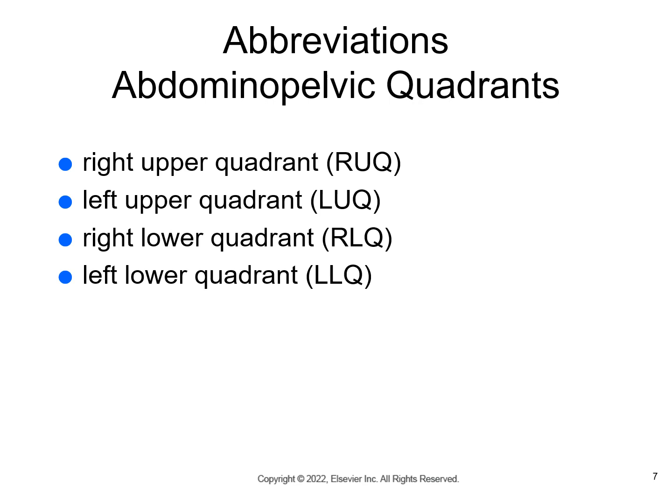So we have the right upper quadrant, and the abbreviation there is RUQ, and these are all pretty commonly used in healthcare. The left upper quadrant is LUQ. RLQ is the right lower quadrant, and LLQ is the left lower quadrant.